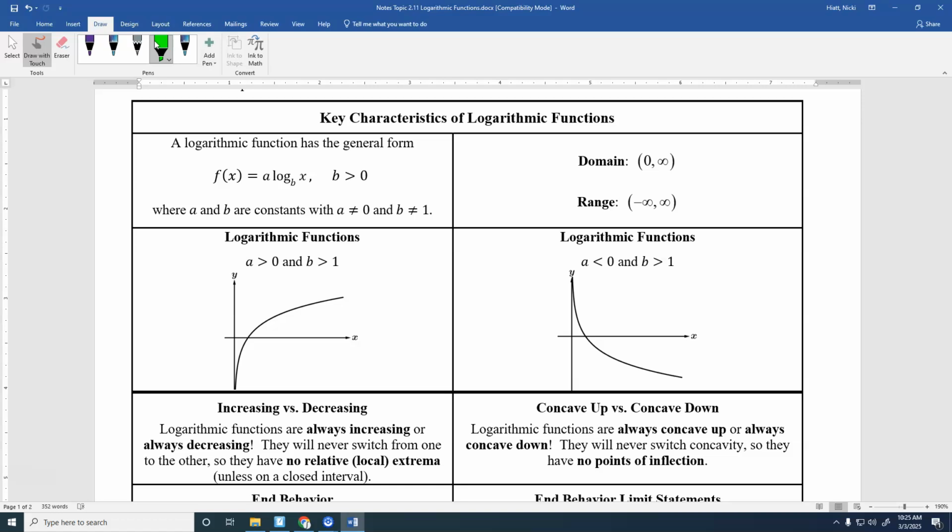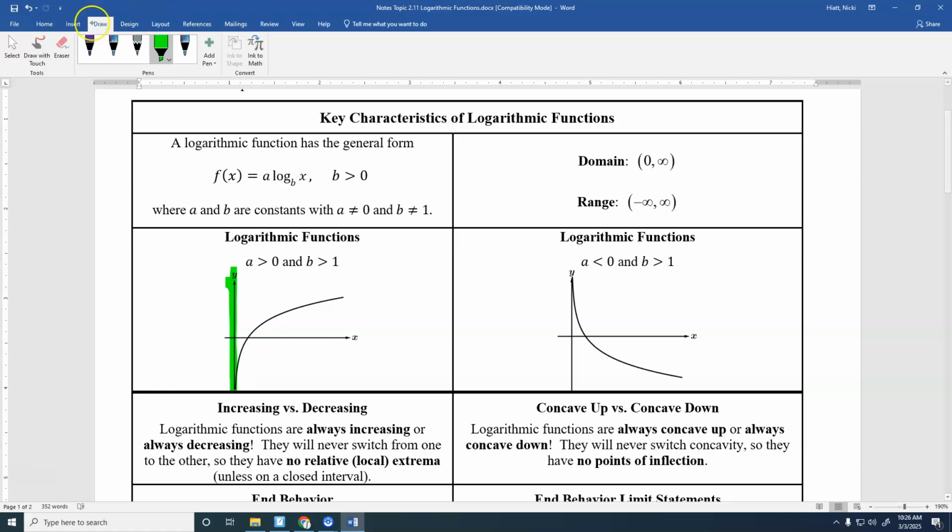You are going to have a vertical asymptote at the y-axis. So your domain for a log function is just from 0 to infinity, unless it has been shifted left or right, because you have a vertical asymptote here.